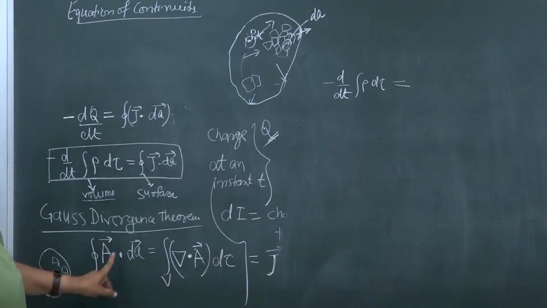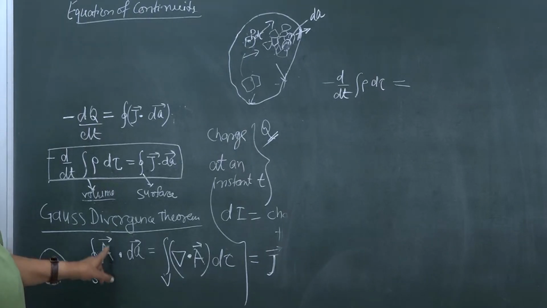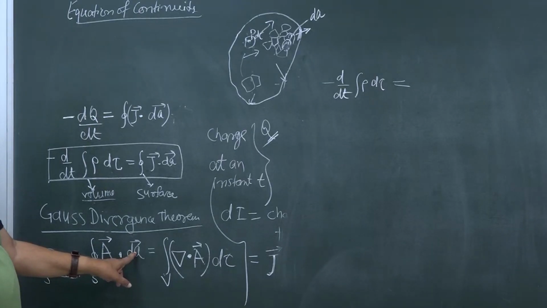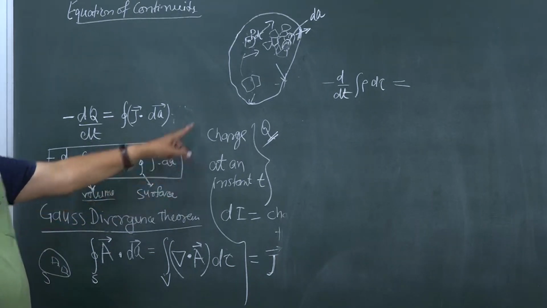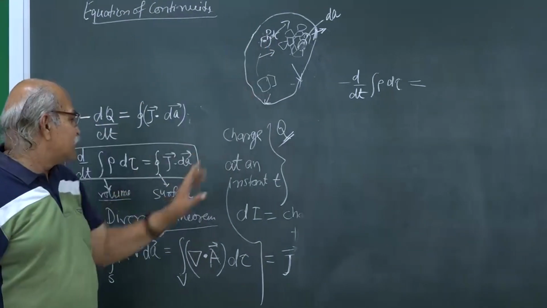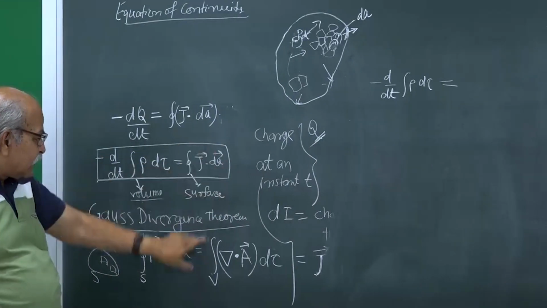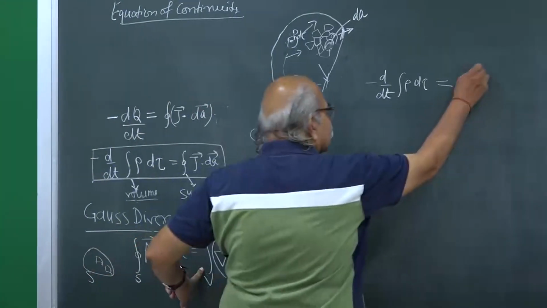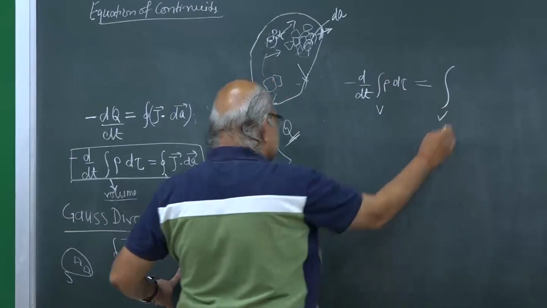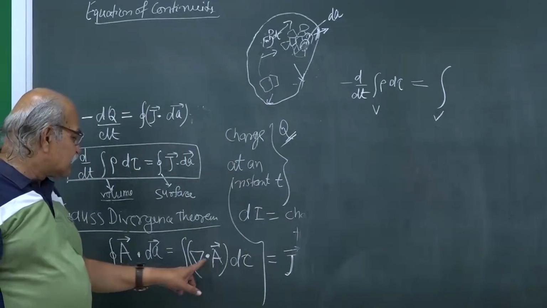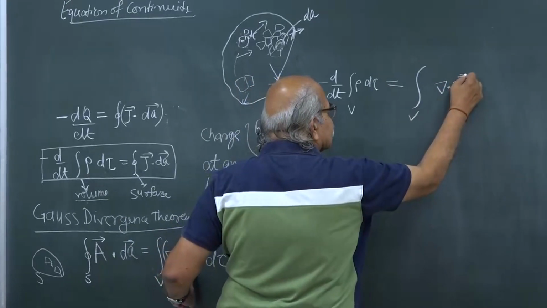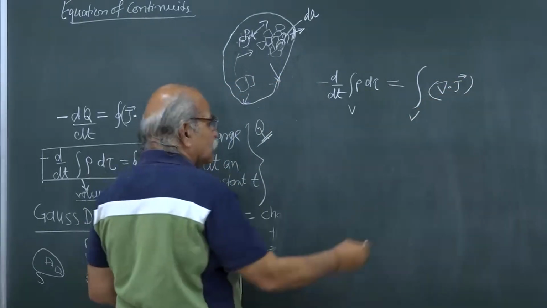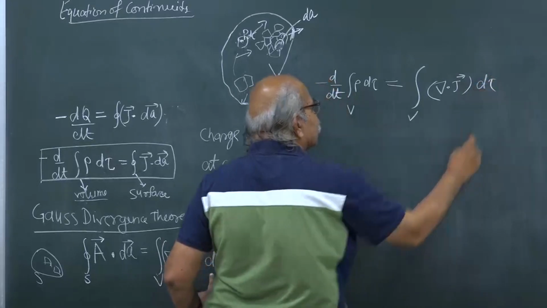Look at this, integration A dot dA over a closed surface, integration J dot dA over the closed surface. This is the closed surface of this volume, and therefore this I can write as a volume integration, divergence of J and then d tau.